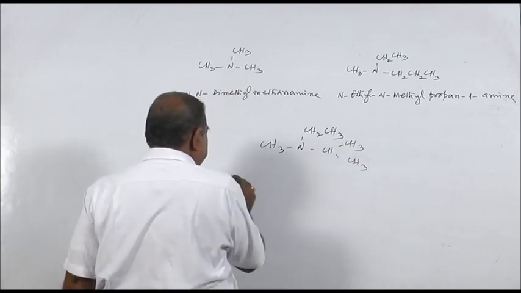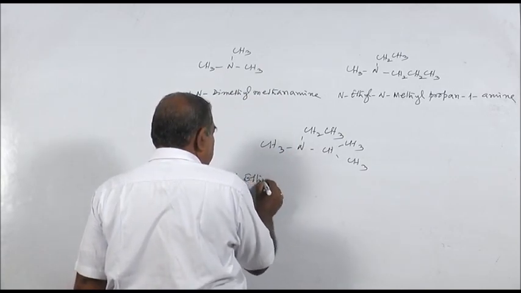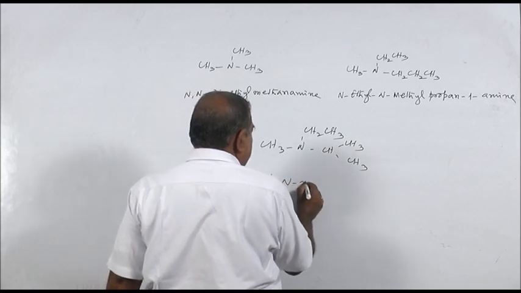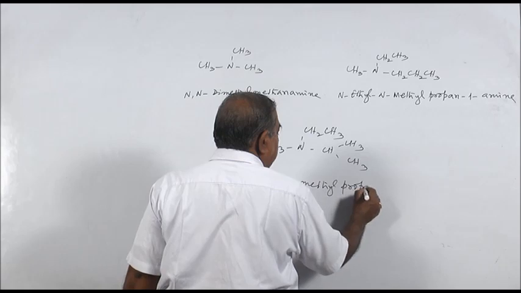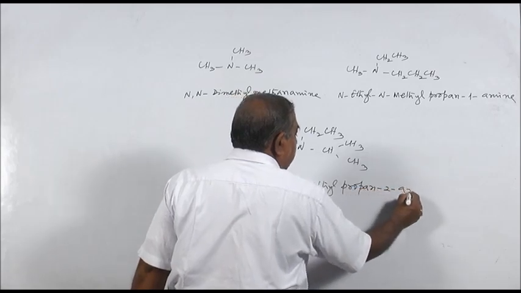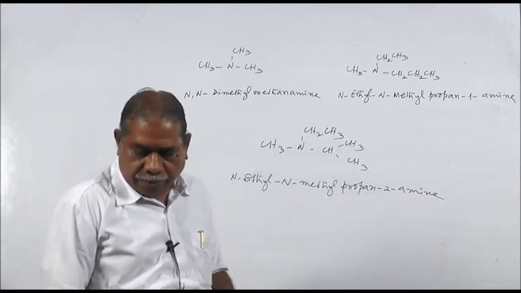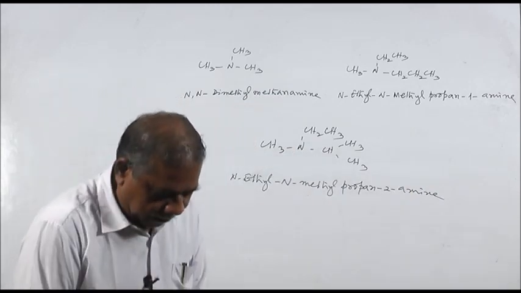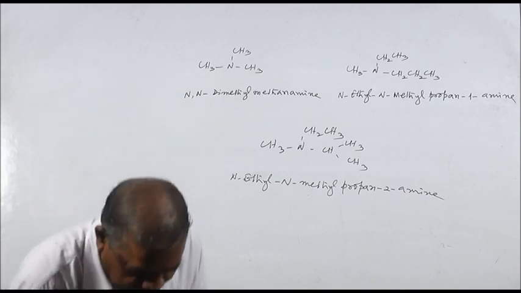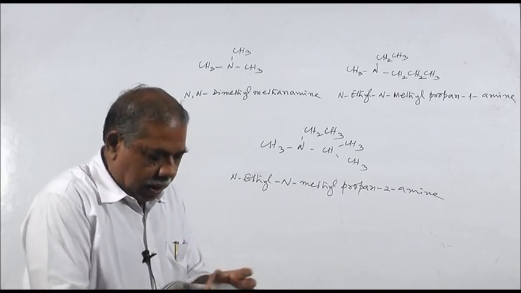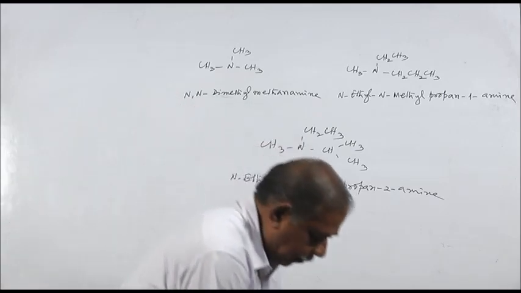So this is an ethyl and methyl propane 2-amine. So this is all about the nomenclature. There is a lot more, but due to shortage of time, I am not going to discuss the rest of the nomenclature.